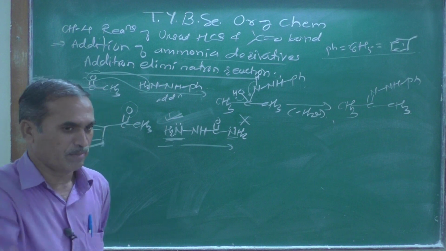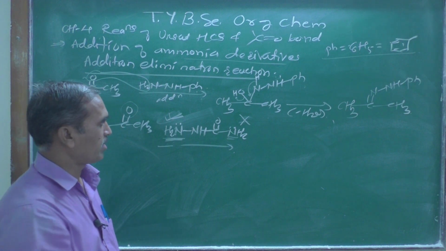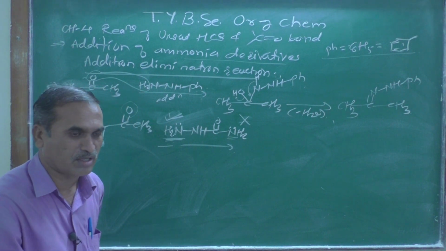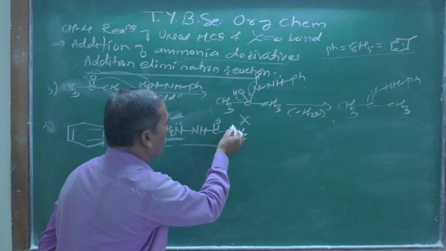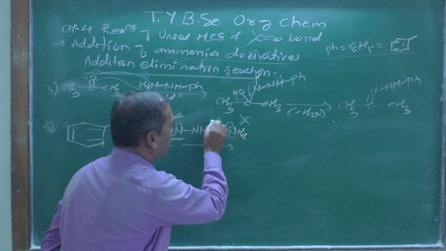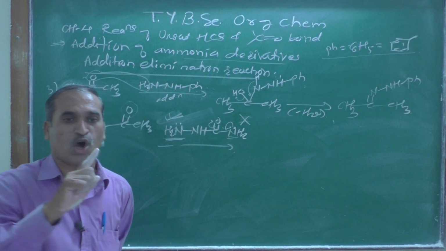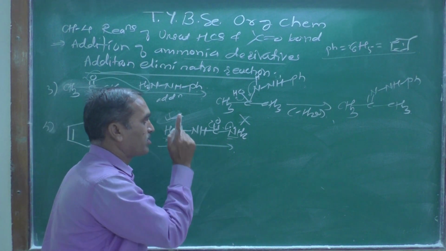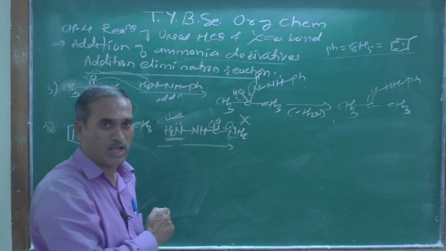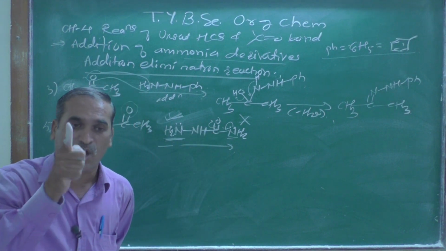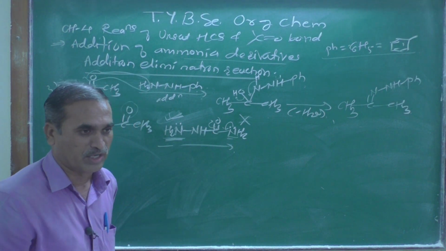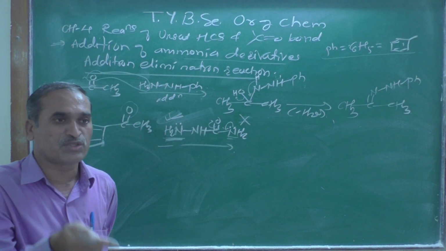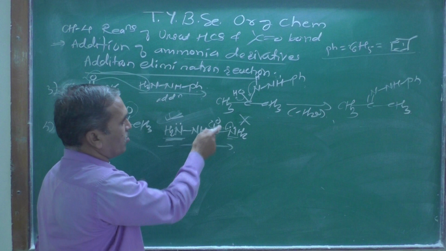Why? Listen to the reason carefully. The lone pair which is present on this nitrogen atom is engaged in delocalization. Look at here, the lone pair is not readily available for donation, it is utilized for the delocalization, because as we know the oxygen atom is more electronegative than the nitrogen atom, and therefore negative charge develops on that oxygen atom.